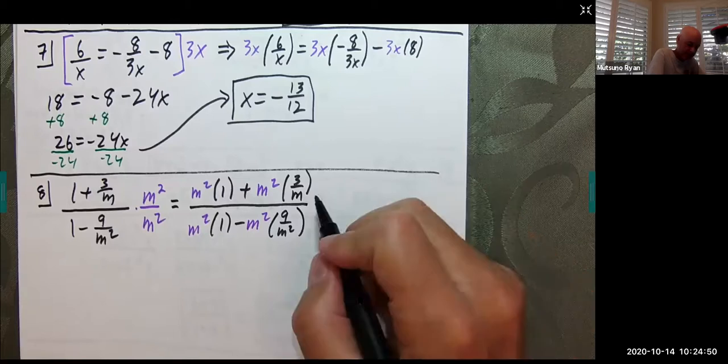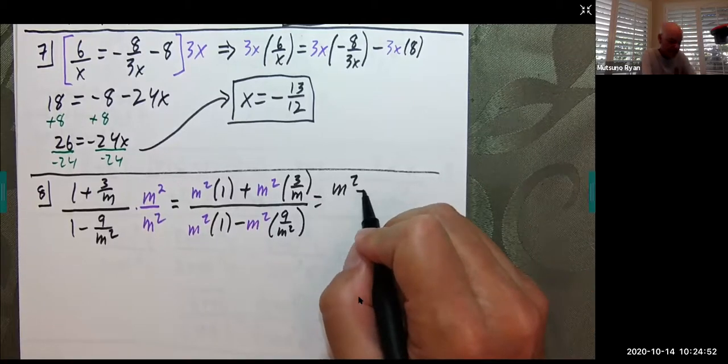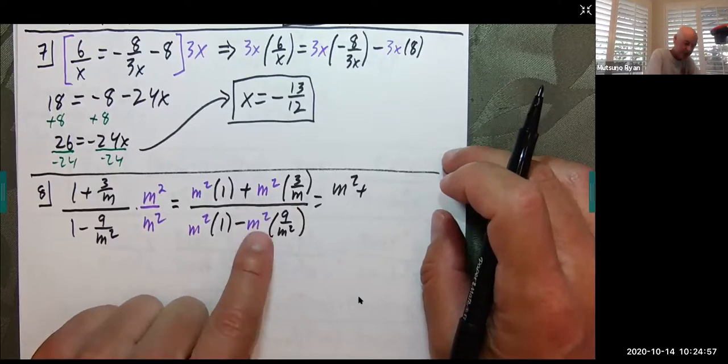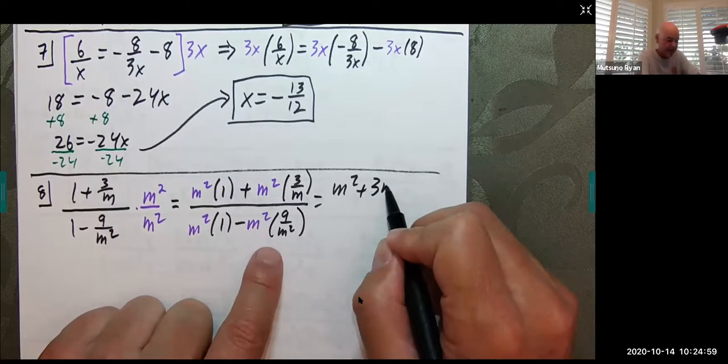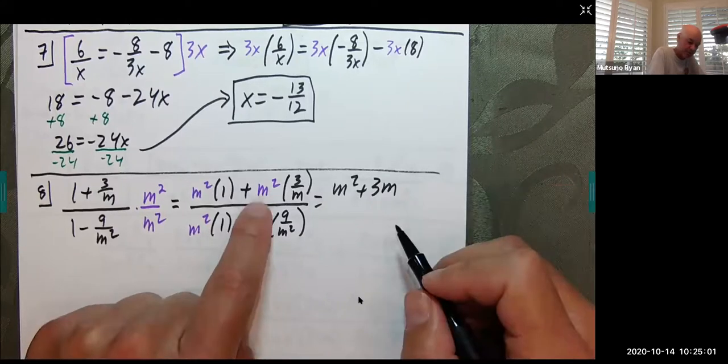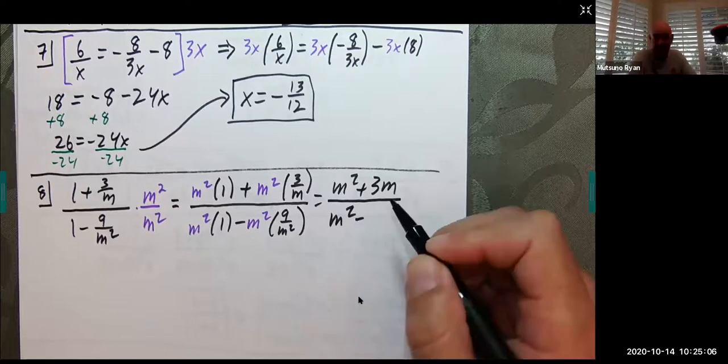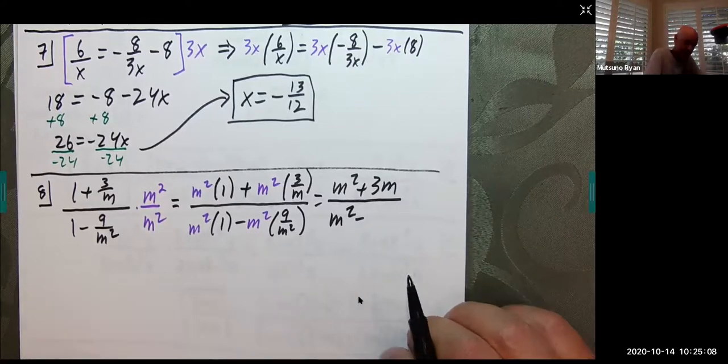This gives me m squared plus, now here, the m squared over the m reduces to just be a 3m. There's just one m after I reduce those out. Here the m squareds completely reduce out. So I'm here.